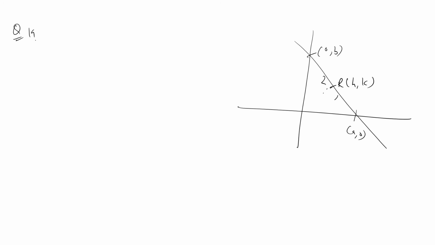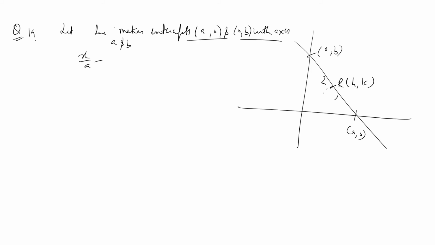Okay, so we know, let the line make intercepts a,0 and 0,b with the axes. These are just the coordinates. So this equation is x upon a plus y upon b equal to 1. Now the point R divides the line AB in 1:2.